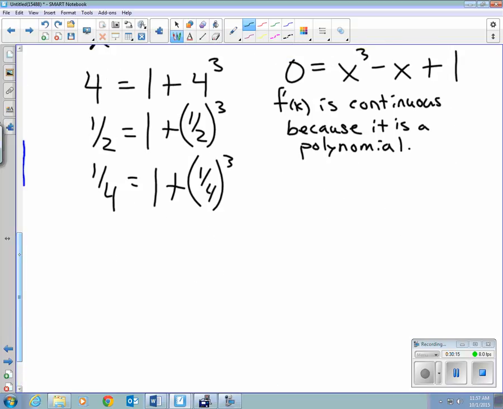So I just want to find that it has an output below 0 and an output above 0, right? Can you think of an input that would give me an output below 0? Just pick one. What do you want? Say -2? All right, way to go, Sam.